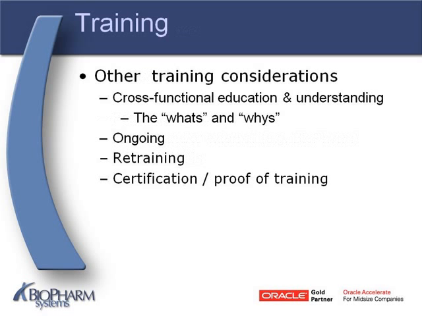Other training considerations. I'm a big advocate of what I call cross-functional training. Not really training in that you need to learn how everybody else does their job, but I think this is really important for building an understanding about the tasks that the other functions perform, what their needs are, what their expectations are.